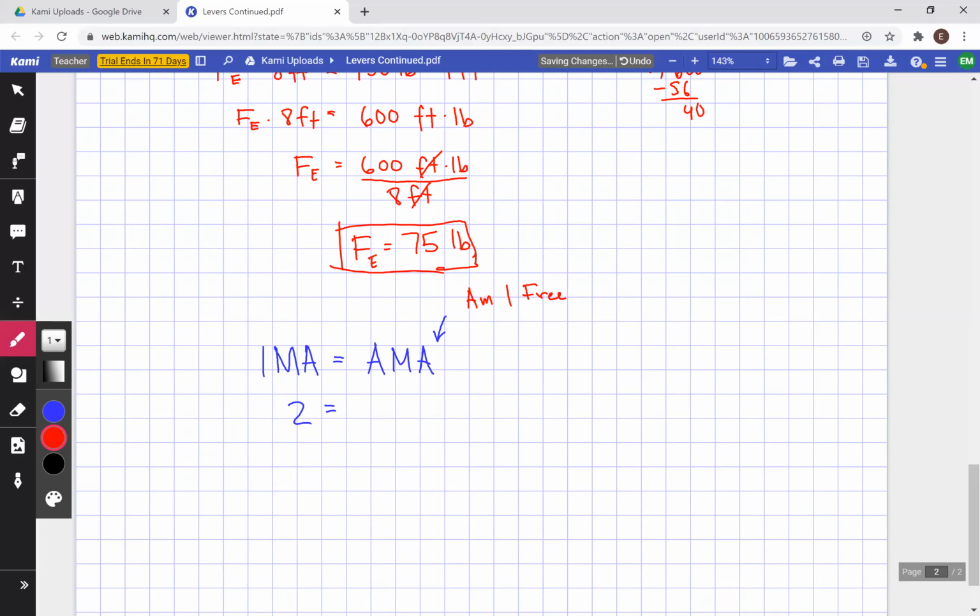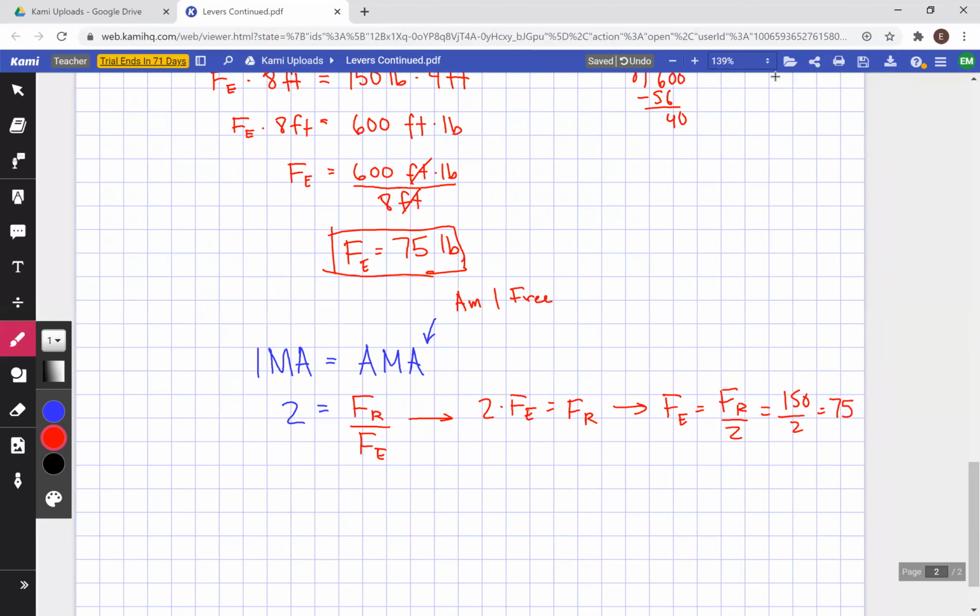And so that is the resistance force over the effort force. And so we multiply both sides by the effort force, so 2 times the effort force is equal to the resistance force. Divide both sides by 2. Effort force is equal to the resistance force divided by 2, which is 150 divided by 2, which is 75. So that's another way that we could have done it. This is only true because there's no friction.